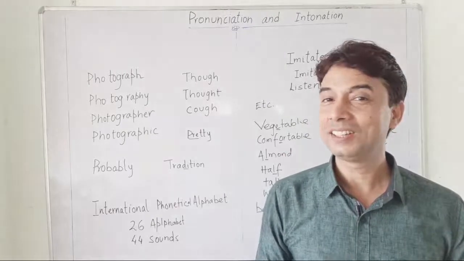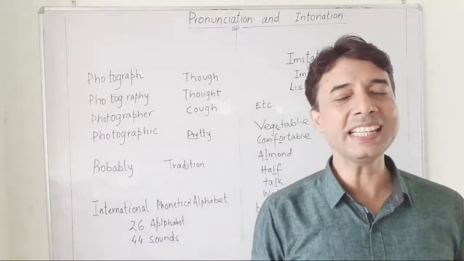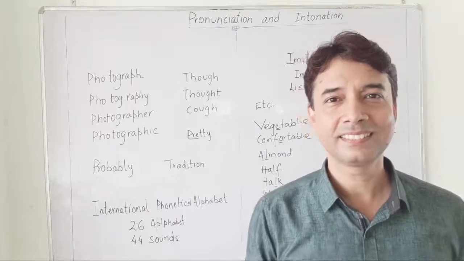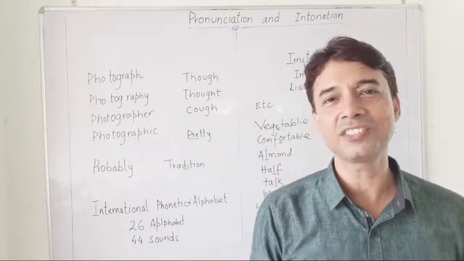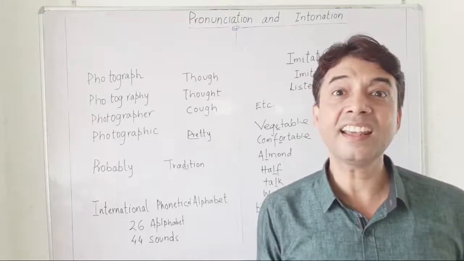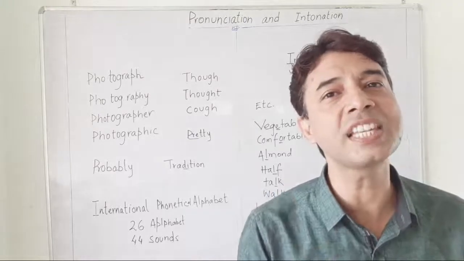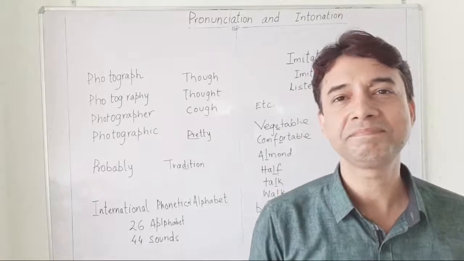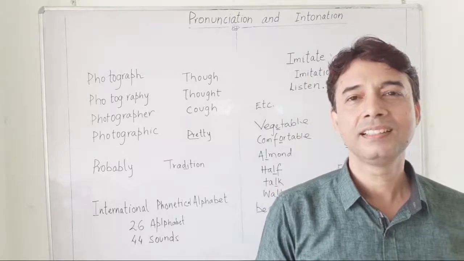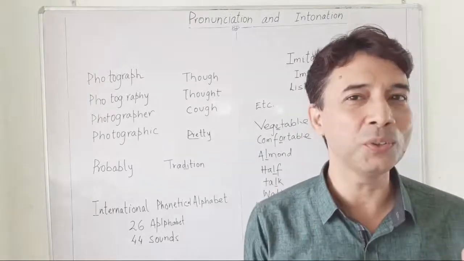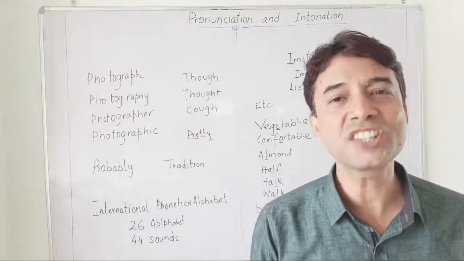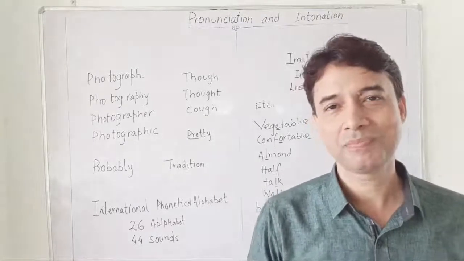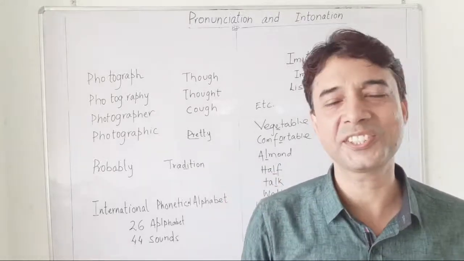One thing is there. You must be knowing there are 26 letters in the English language. But do you know there are 44 sounds from the same 26 letters? When it comes to sound, when it comes to phonetics, English has 44 sounds and only 26 letters.